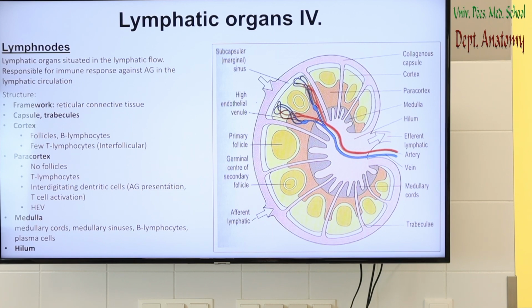The second structure which we need to discuss amongst the secondary lymphatic organs are the lymph nodes. Lymph nodes are structures which we can see macroscopically. Basically, they are responsible for immune reactions against antigens, and they fulfill a sort of filtering function in the lymphatic circulation.